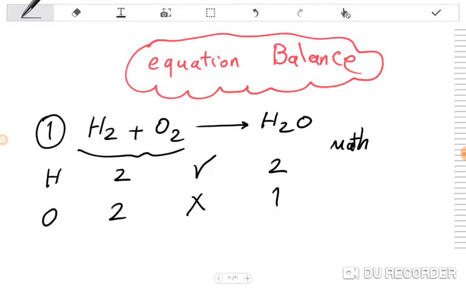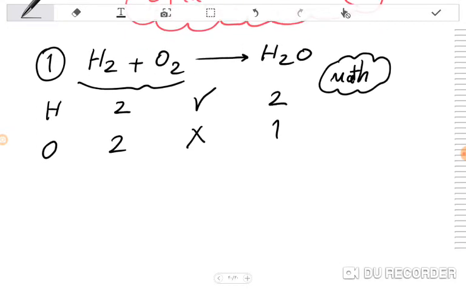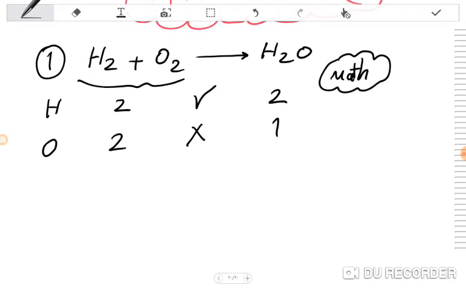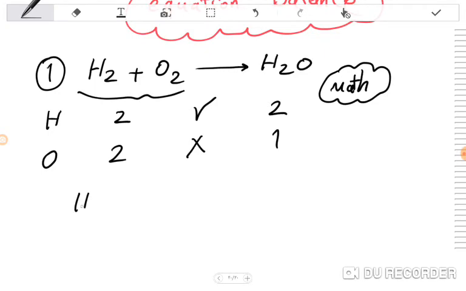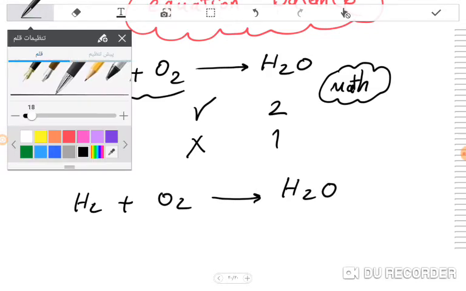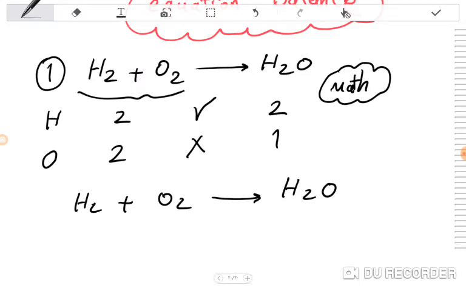How can we use the math technique to balance this equation? At first, I write it again. H2 plus O2 gives us H2O. For balancing we must set correct coefficients in front of the formulas H2, O2 and H2O.